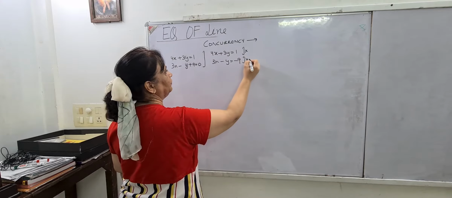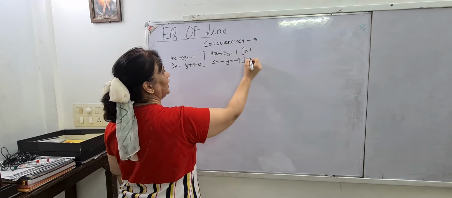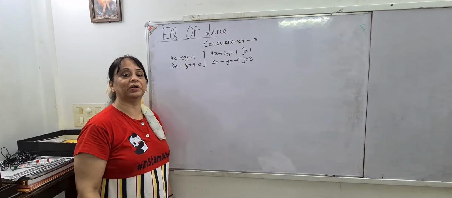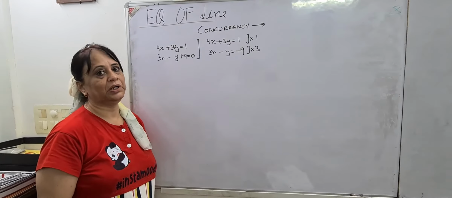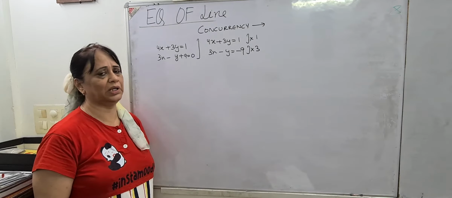Multiplying the equations, the first by 1 and second by 3, because I am solving them by the method of equating the coefficients. I can equate x also, I can equate y also. Since I find y is here, and this concept we have done in 9th standard also, so nothing new for it.